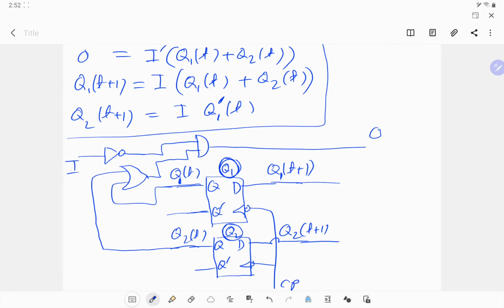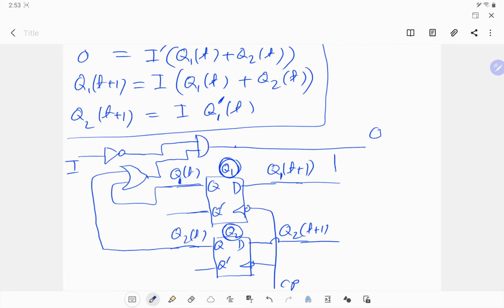Now let's find the circuit for Q1t plus 1. What do we need? We need I, and we already got I. Then we need Q1t plus Q2t, which we already got here. So we need an AND gate.